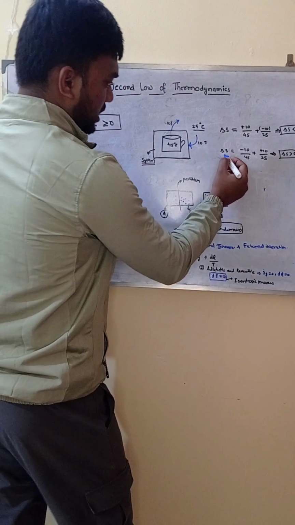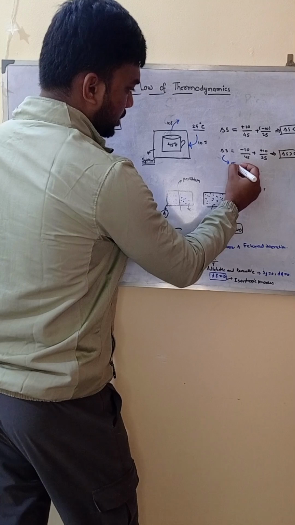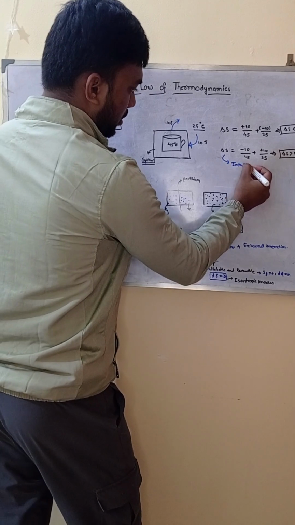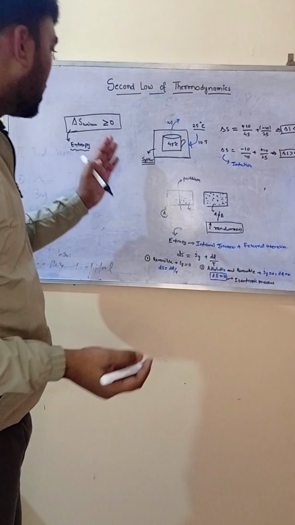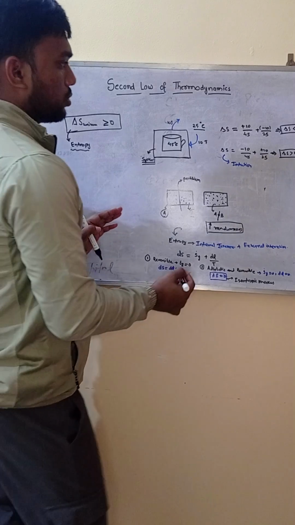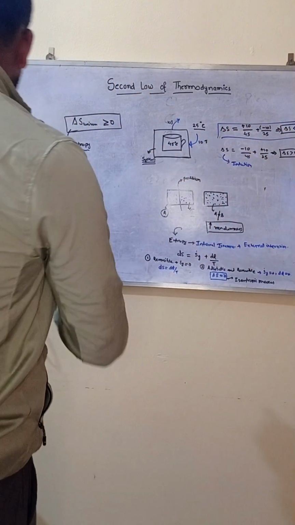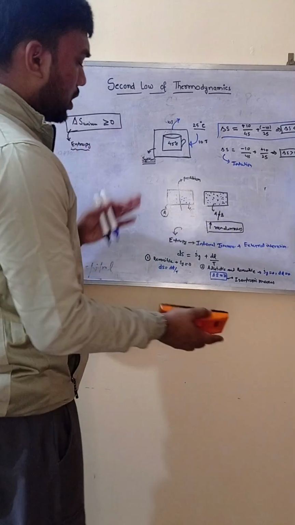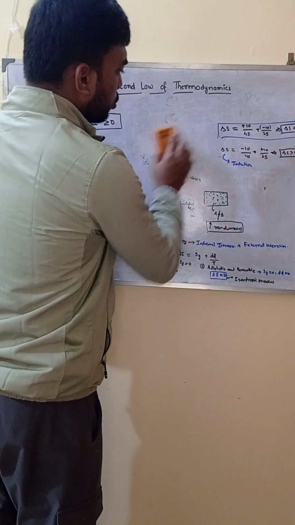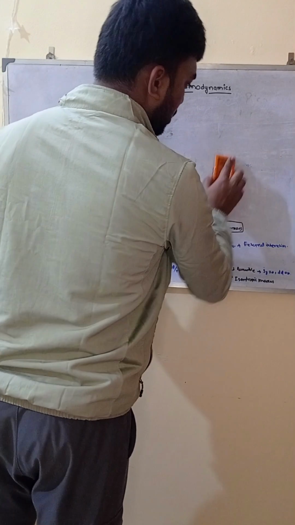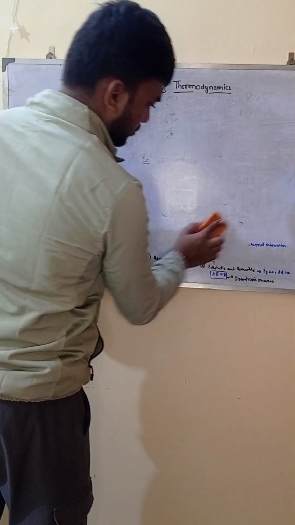We will say this is the case of our intuition, and it is also stated in the law. So the first case is not possible. Based on the second law of thermodynamics, two statements are proposed. We'll look into them one by one.